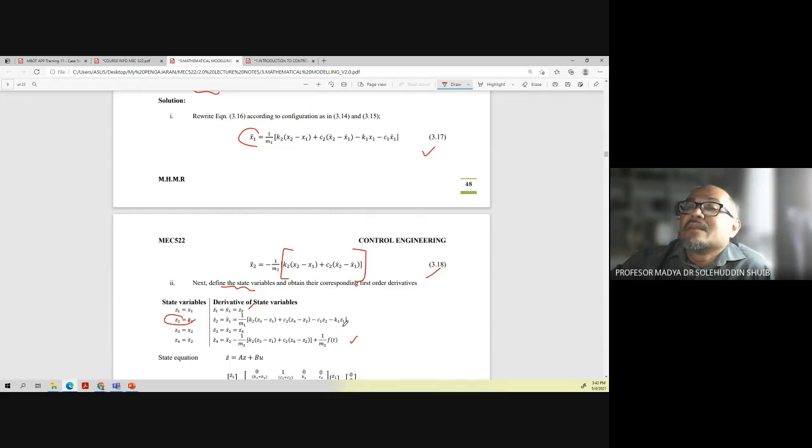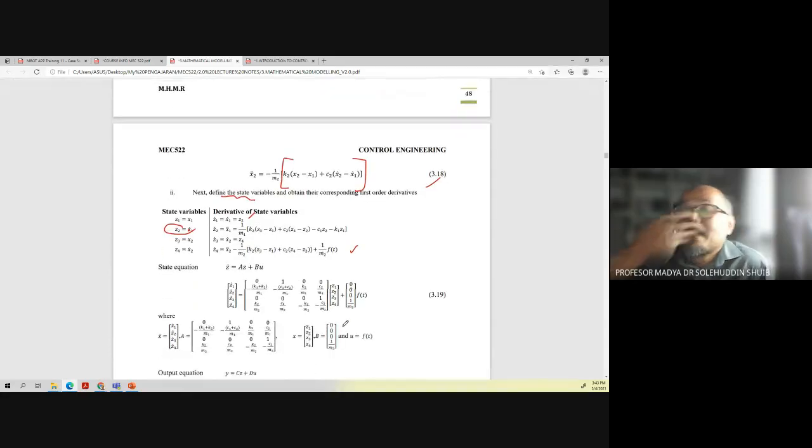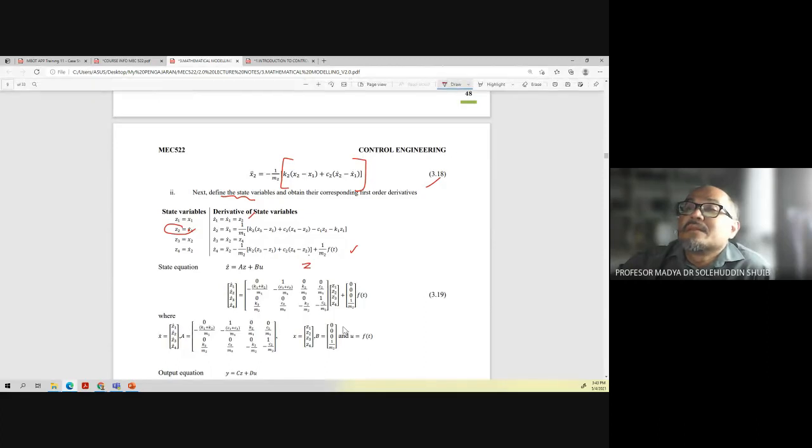And then for the state equation, we want to write z dot in terms of Az plus Bu. So you put all together here z1, z2, z3, z4, and write in terms of this matrix form. And then take this one to be z1, z2, z3, z4.